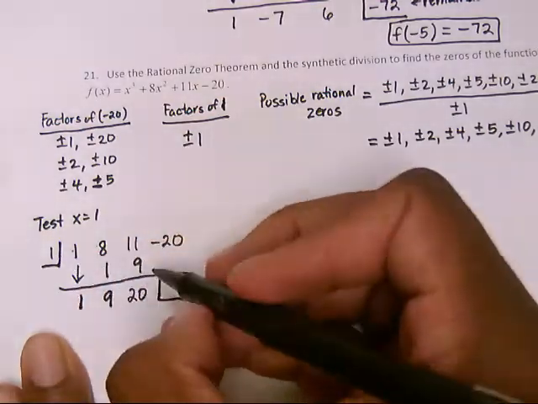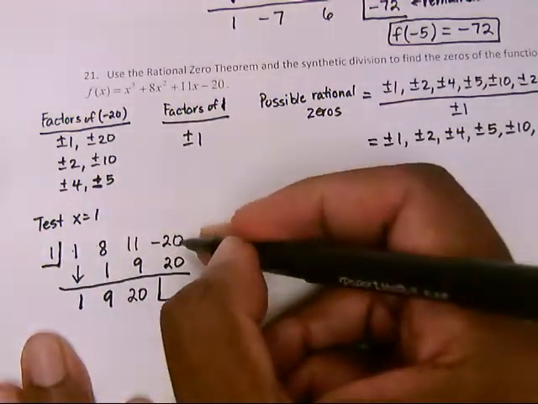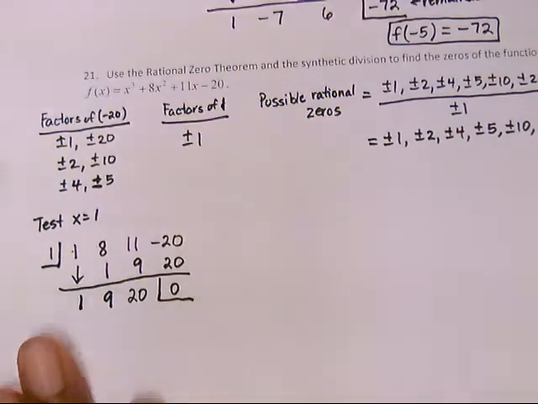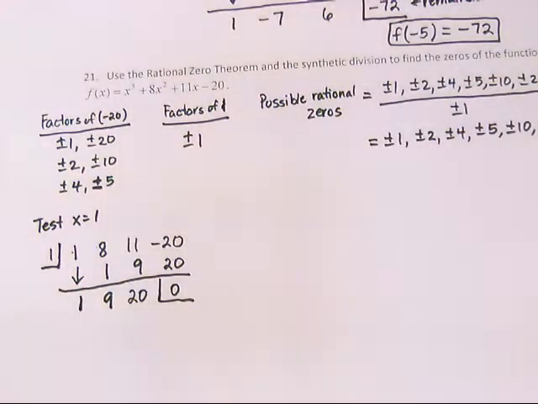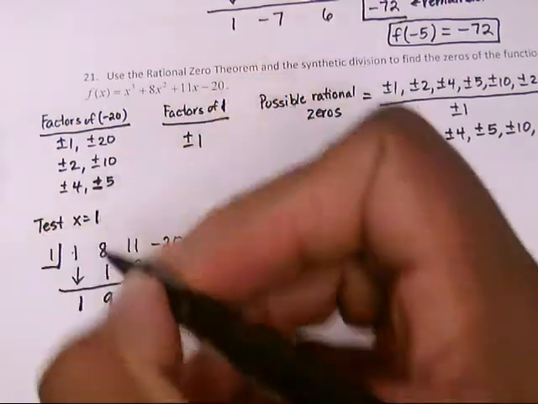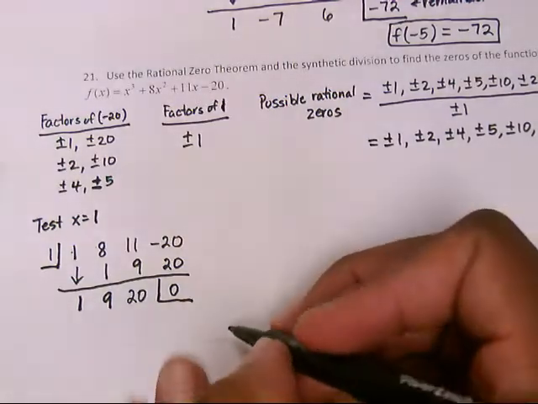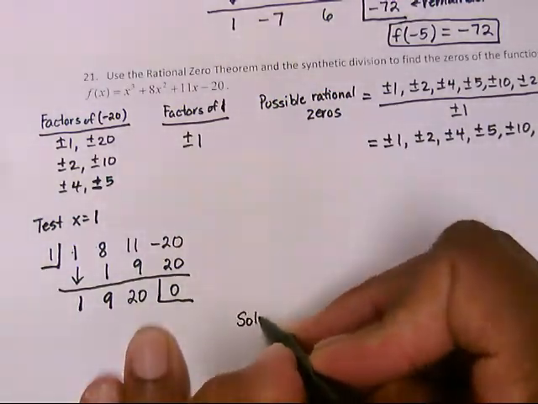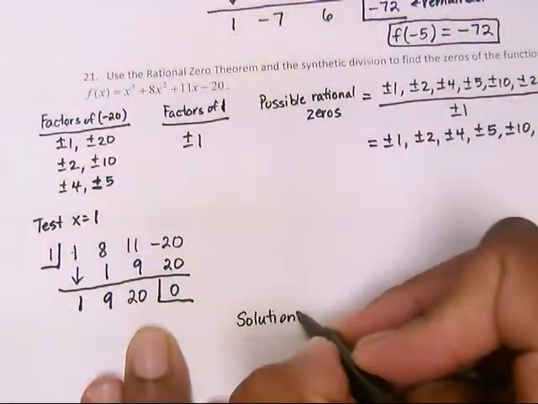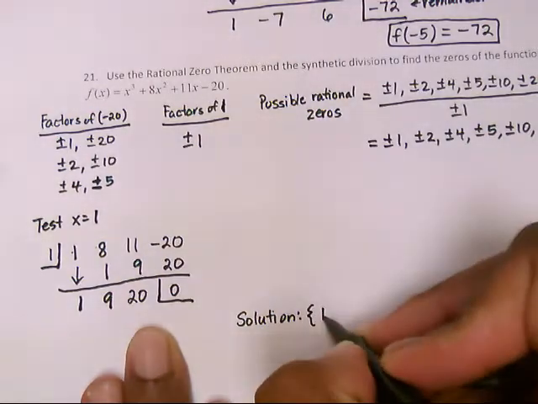And then finally 20 times 1 will give me 20. Negative 20 plus 20 is 0. And I can stop right here with the synthetic division, because my remainder is 0. That tells me that x equals 1 would be a solution, one of the zeros of that polynomial function.